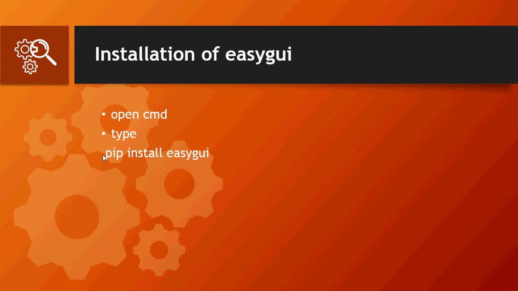But you have to install easygui. So how to do this? It is also very easy. Open CMD, type pip install easygui. Please do not use python -m here. Simple pip install easygui.